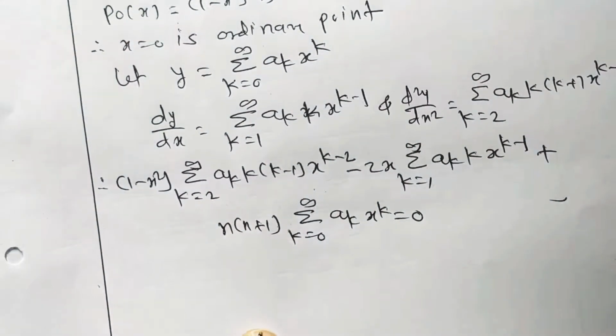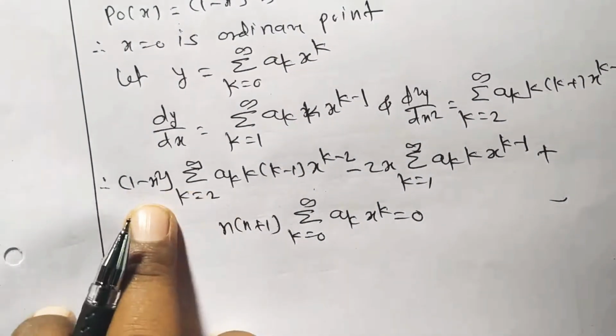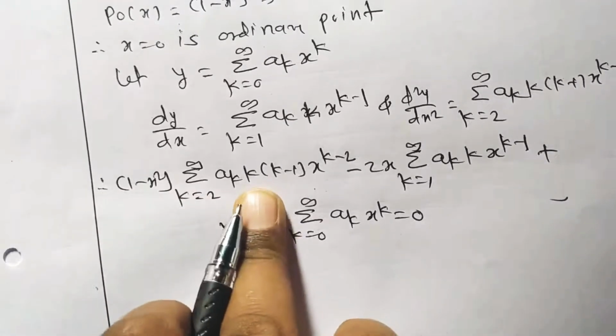Now after simplification, 1 into this series and minus x square into this, we have to write the next step.